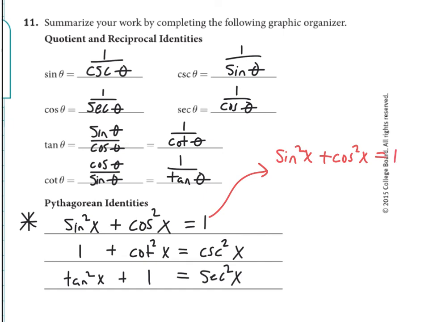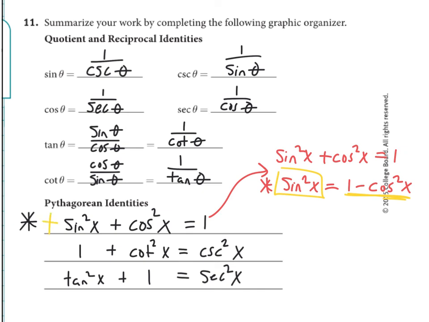It would also be true that if I subtracted cosine squared from both sides, sine squared would equal 1 minus cosine squared. So that could be thought of as another one, just a variation. The reason that might be helpful: say you're working through a problem and sine squared shows up. You're going to know that 1 minus cosine squared is equivalent to it.